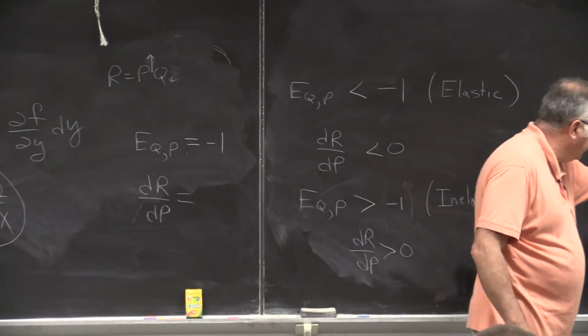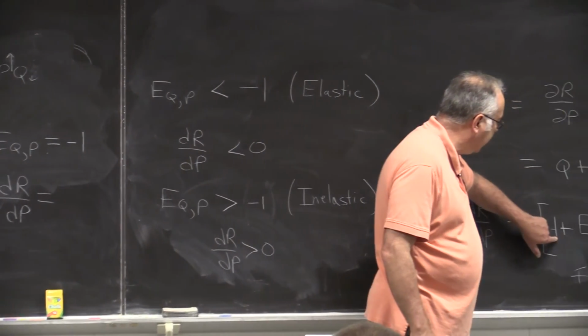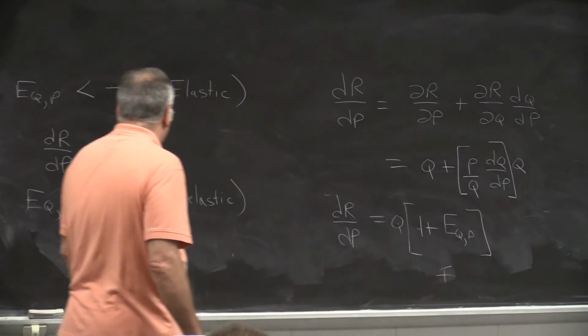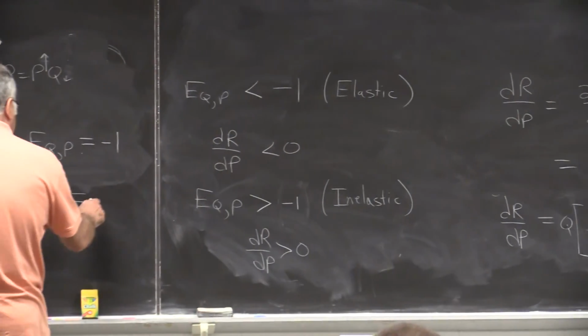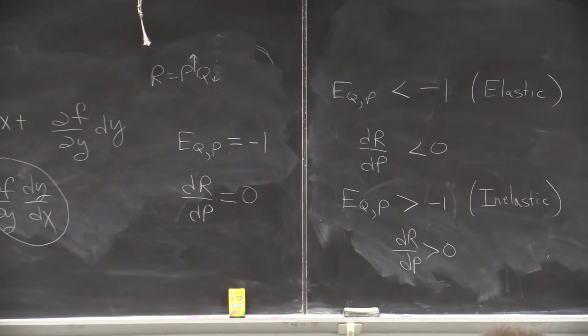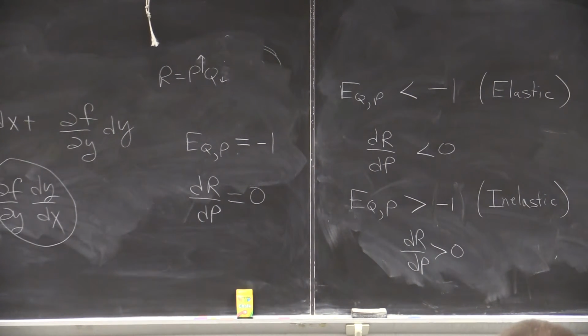Because if this is exactly -1, that cancels the 1, this is 0. Okay. And that means, in this case, total revenue does not change as price changes. Price goes up 1%, quantity falls by 1%, those two exactly offset each other. So total revenue stays the same.